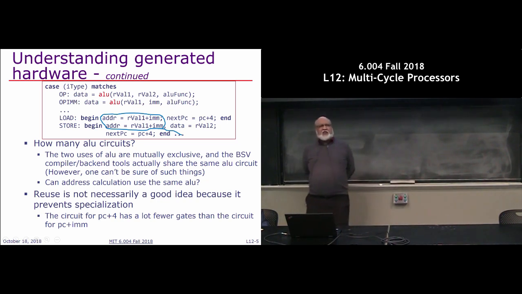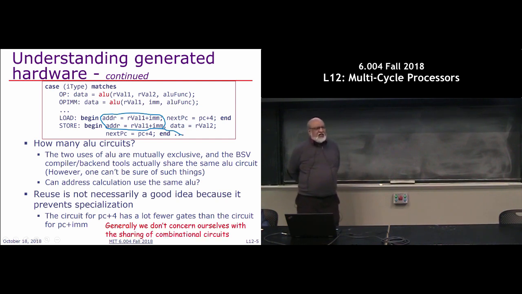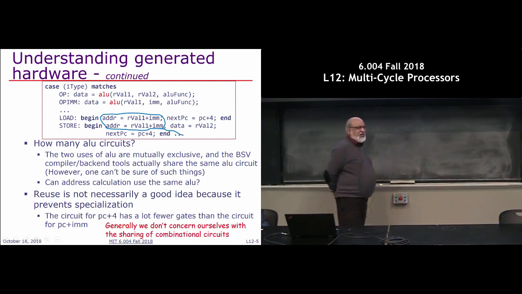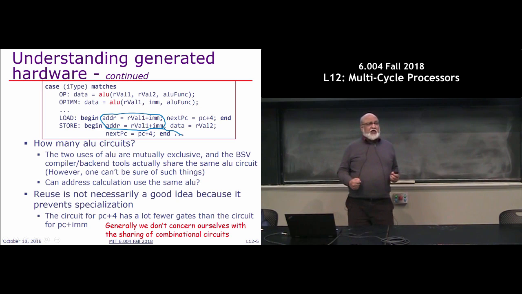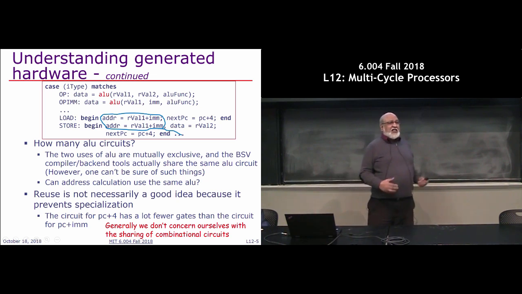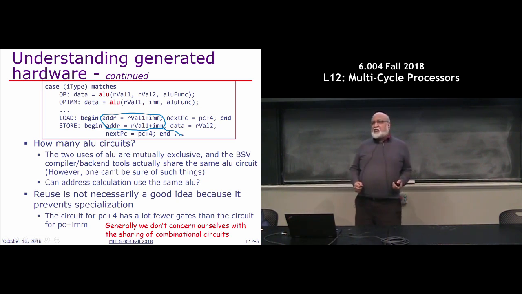So here is my advice to you. When you're designing complex digital circuits, please do not concern yourself about sharing of combinational logic, right? Because if you do that, then you are competing against what the tool will do. The tool has its own ideas, and you may have your ideas about sharing and how it should be organized.